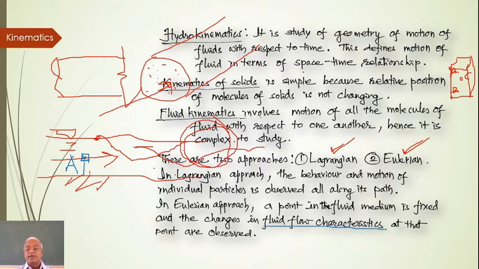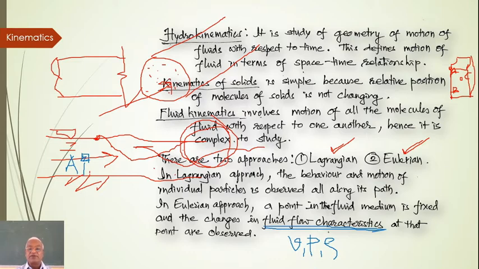I'll make this point clear here itself. Characteristics may be velocity of the flow, pressure of the flow, depth of the flow, or density of the flow, right? If it is a compressible flow, that is if it is a gas flow, obviously the density will also be changing, right? Pressure will be changing, velocity will be changing.